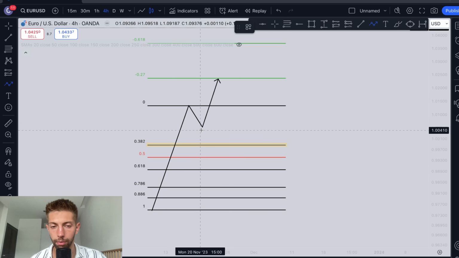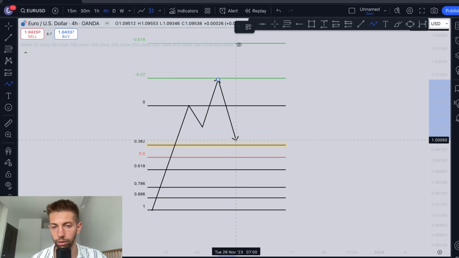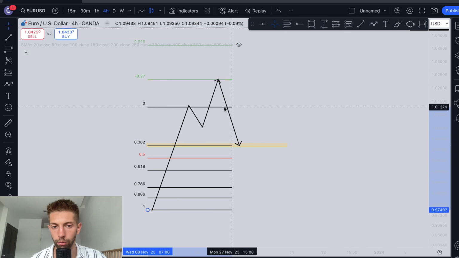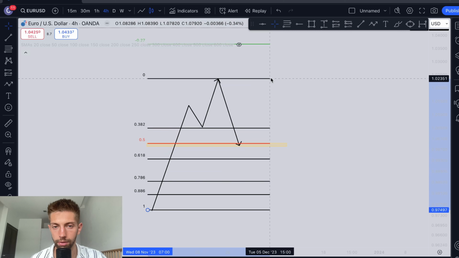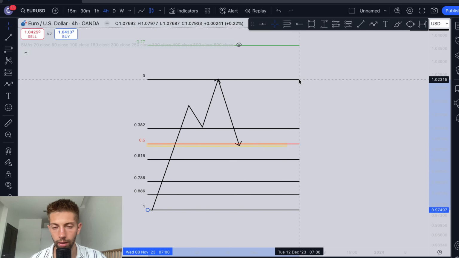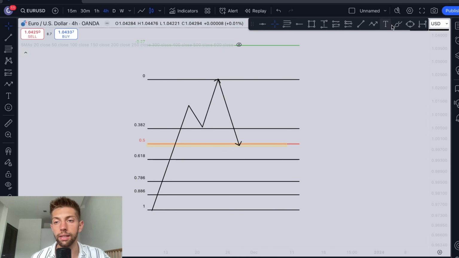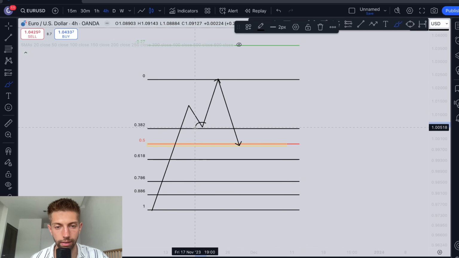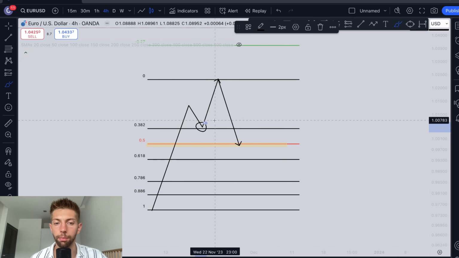gives me this 20% pullback, then breaks structure, but this is not a structure point, and then goes to the 38.2%. So in this case, you will adjust the Fibs to here, and some people, because they don't know how to use the Fibs, will think this is the break of structure, but this is not the break of structure.